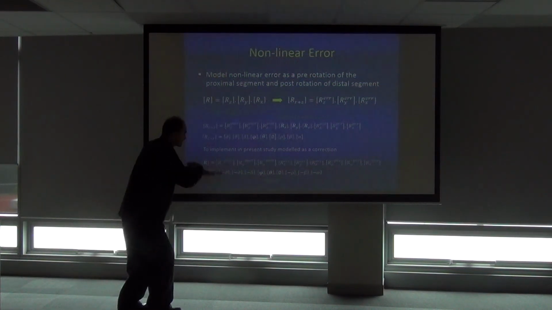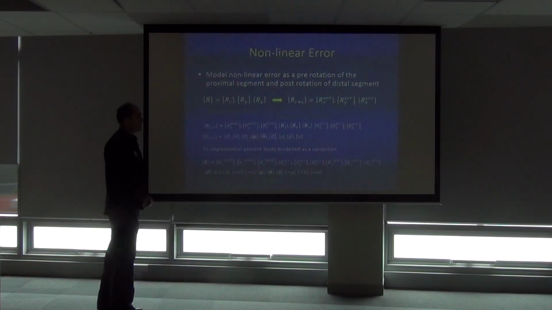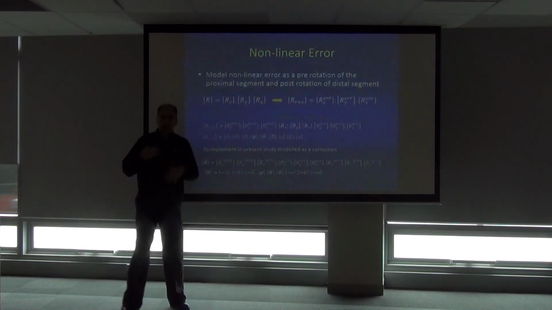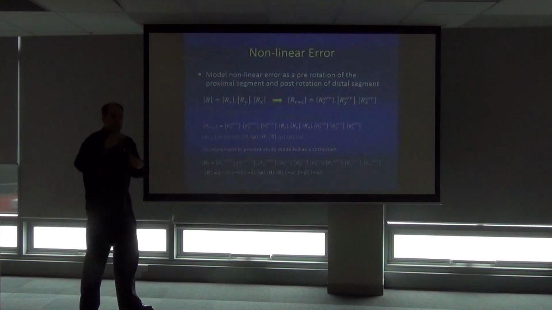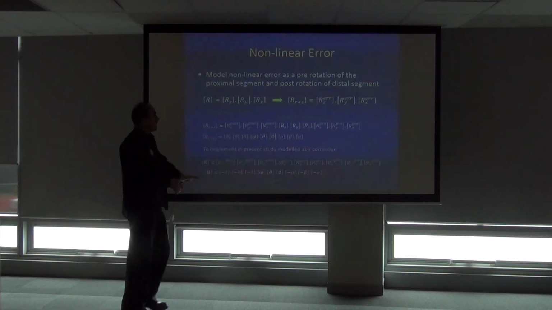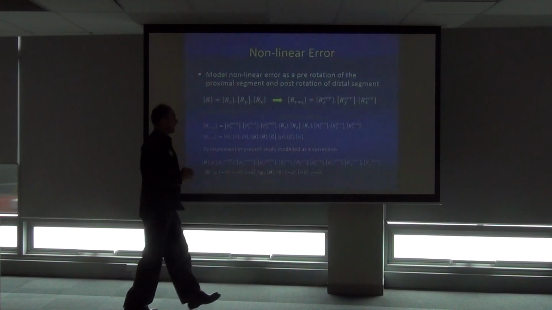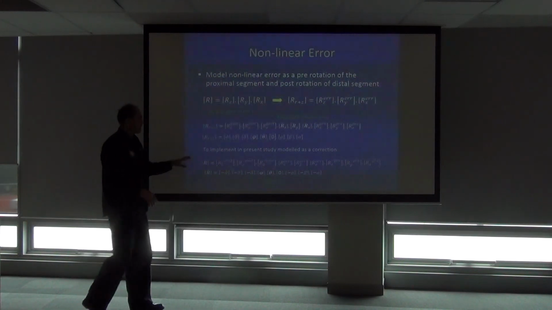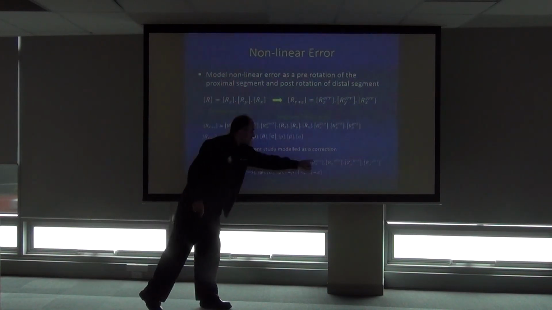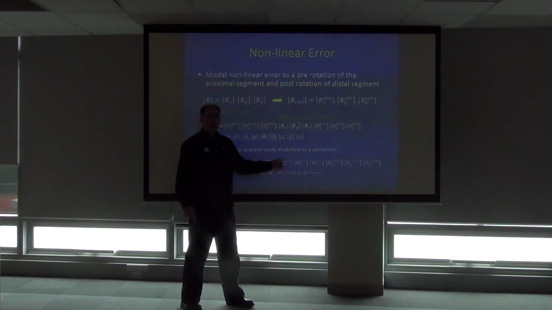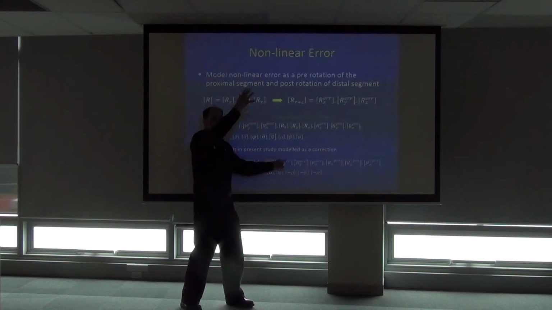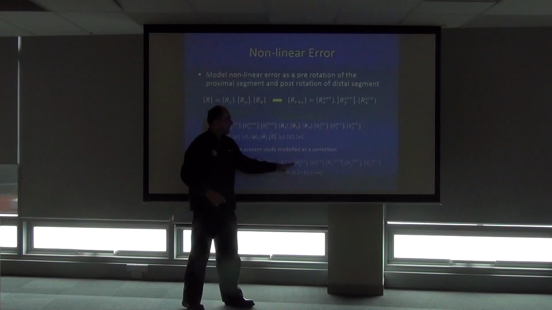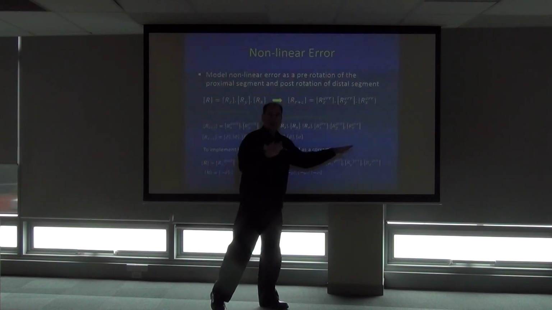If we skip down here, this is how it's been used in the present study and in the research that I'm presenting. We've just rearranged this and looked at it from another perspective. We've got the error rotation. This is what's being measured, as presented in all the studies previously. Instead of an error, we're going to talk about a correction.